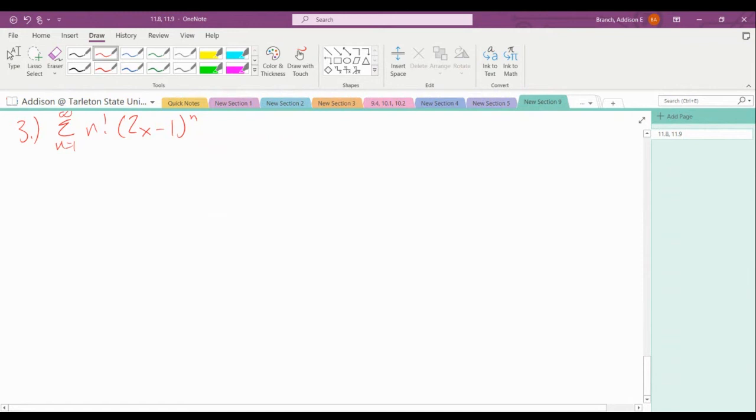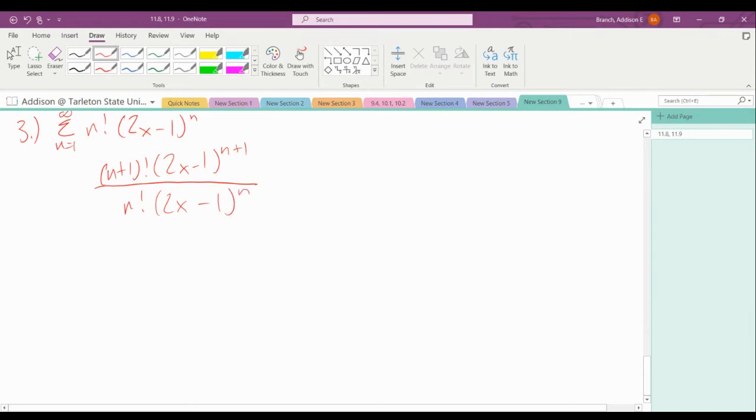Once again, we can start off by using our ratio test. So we can plug in our n plus 1 in for everything to get n plus 1 factorial times 2x minus 1 to the n plus 1 over our initial, so n factorial times 2x minus 1 to the n.